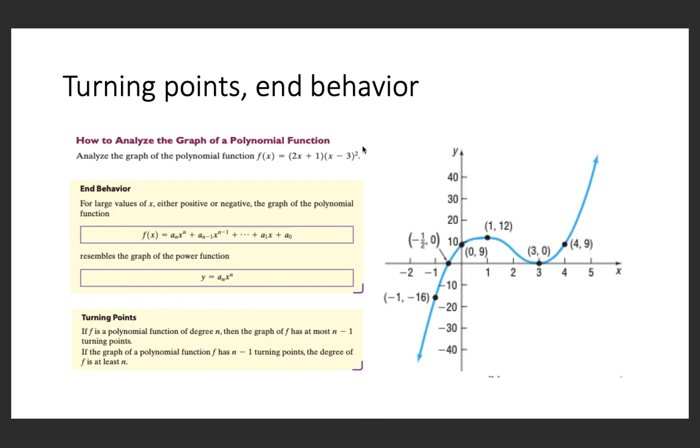If the maximum power is 4, then the graph will be different: both ends will go up, because even power means the x squared graph. But this is 3, so this line is coming down on this side and going up on this side. This is called the end behavior, and it depends on the maximum power.